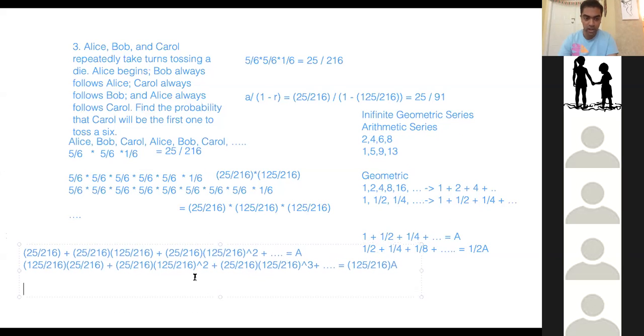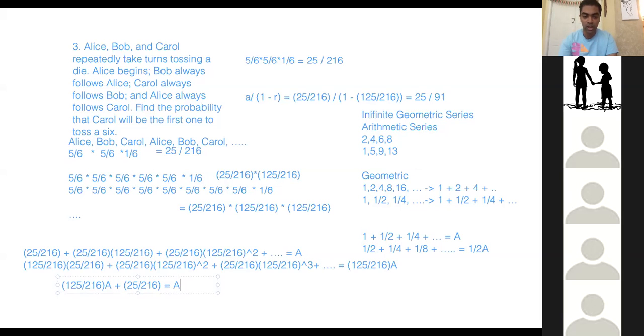Can we see a similar pattern here? This term is the same as this term. This term is the same as this term, and so on. The only extra one is this, right? So we can write a similar equation as 125 over 216 a plus 25 over 216 is equal to a.